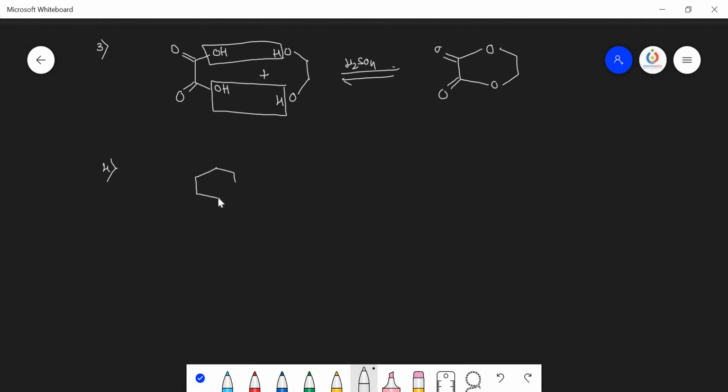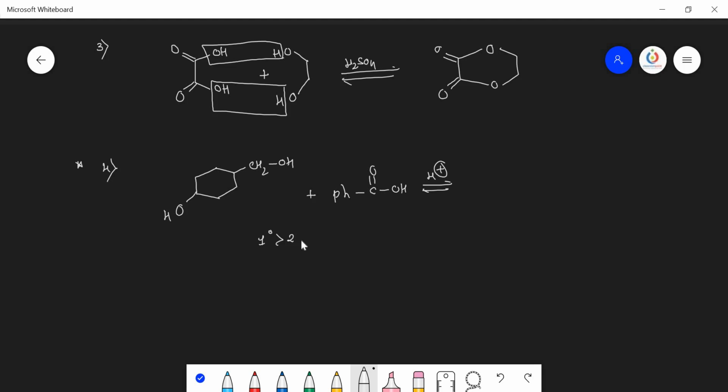Let us take this example also. This is a very important example, and I'll tell you why. With H plus, here two OH groups are there, and we are using carboxylic acid. So between these two OH groups, which OH group is more reactive? That is always the primary.